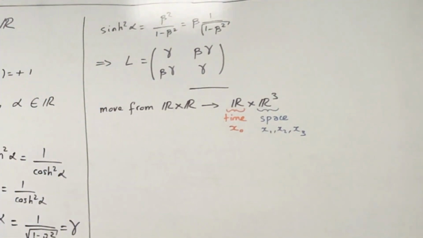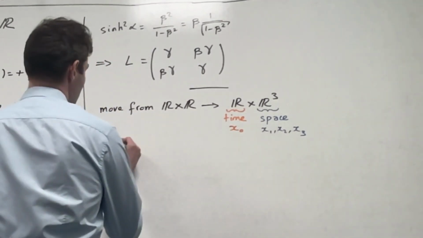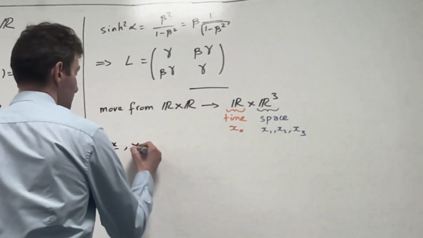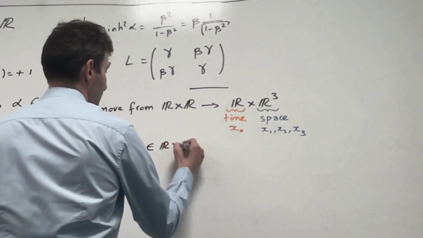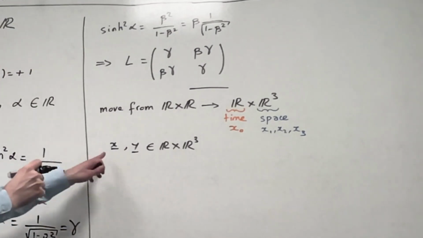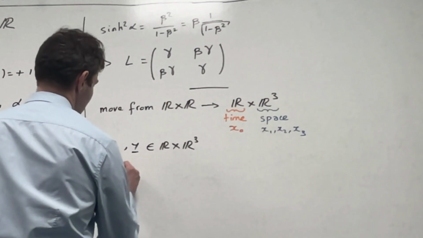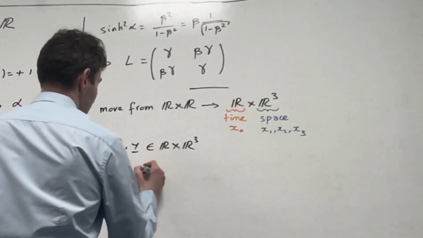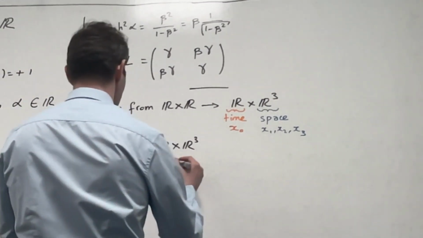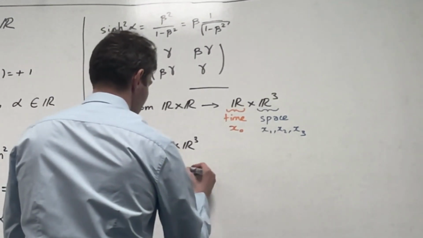And then what you say is that if you imagine two vectors, which I'm going to put like this with a bar below, x, y in R cross R3. Okay, so let's assume these are some vectors. Then you define the inner product between x and y as being essentially, so this is x naught, y naught.